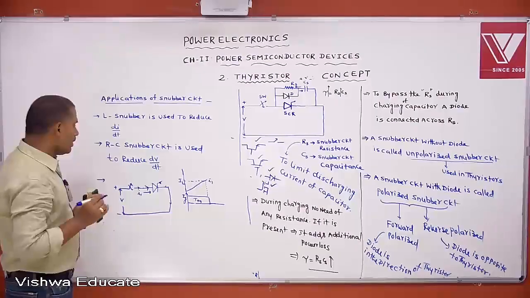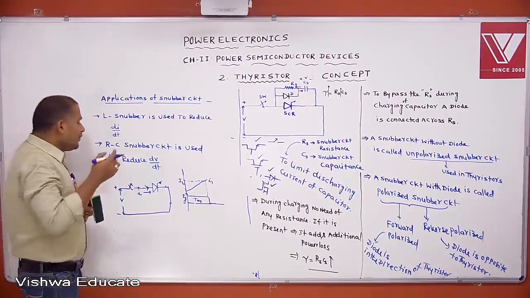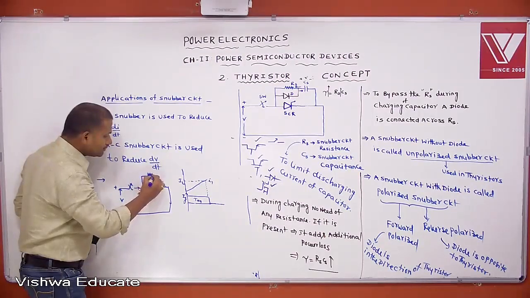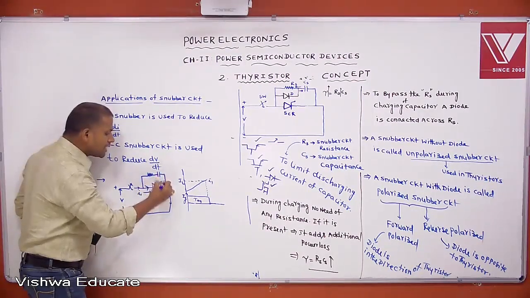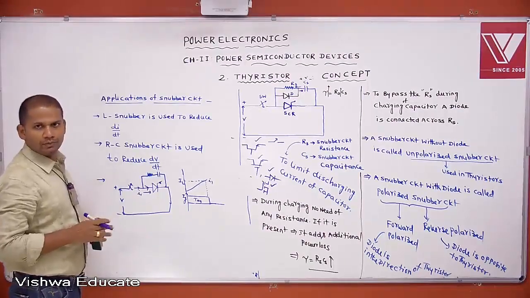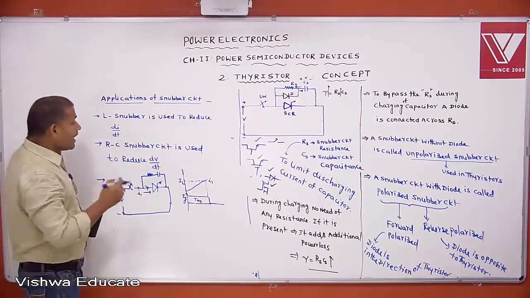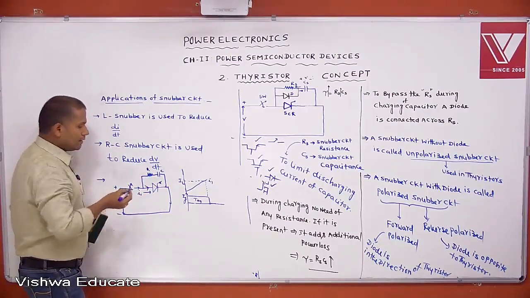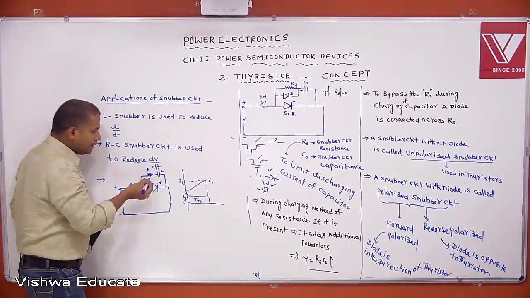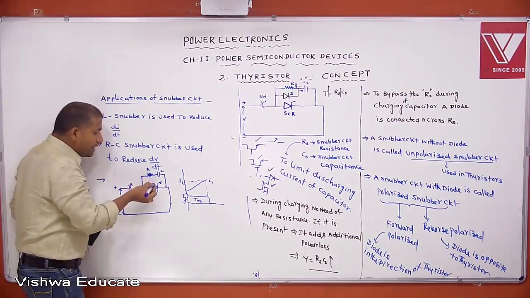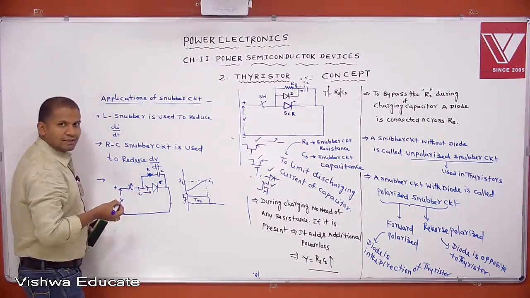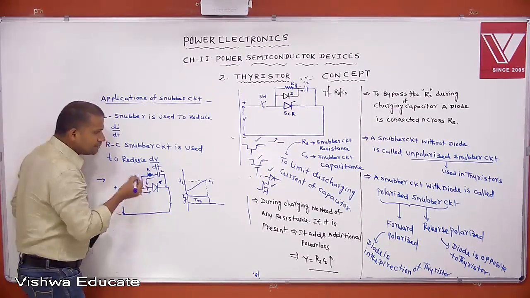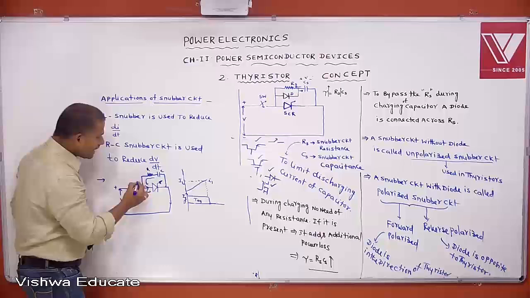Now, if this thyristor has a snubber circuit, what happens? The purpose of the snubber circuit is dV/dt protection, that you know. Now another application I am discussing here. Let this be R and this be C. Whenever the thyristor is triggered, there is another current, I2.